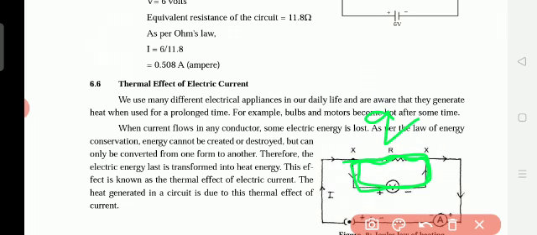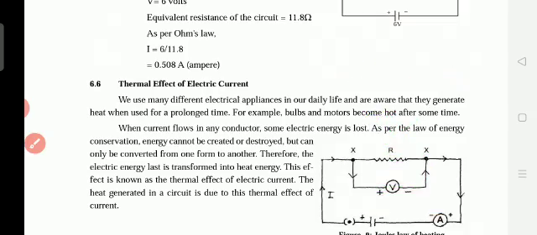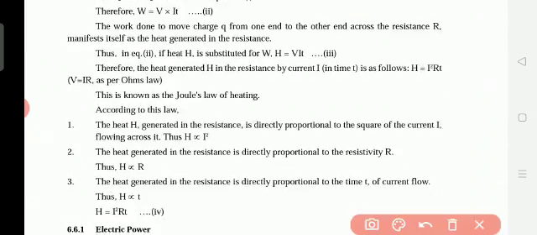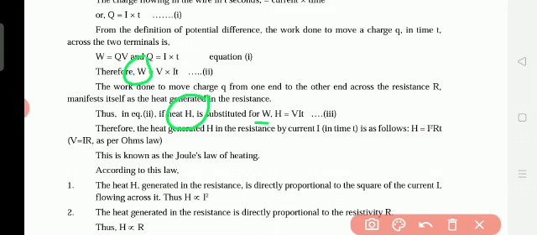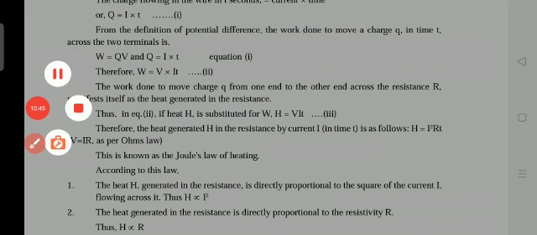That time heat is generated. So this heat we take as a capital H. Instead of W, because of the work done only heat is generated. Because of the charge flow in the resistance, heat is generated. So in the place of W we write H. So H is equal to VIT. Okay, W is equal to H is equal to VIT.